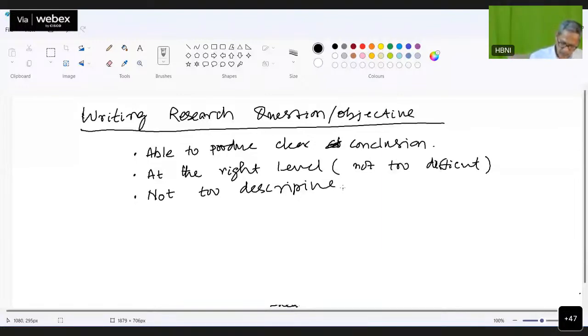So usually one uses what is called the Goldilocks test. What is this Goldilocks test?